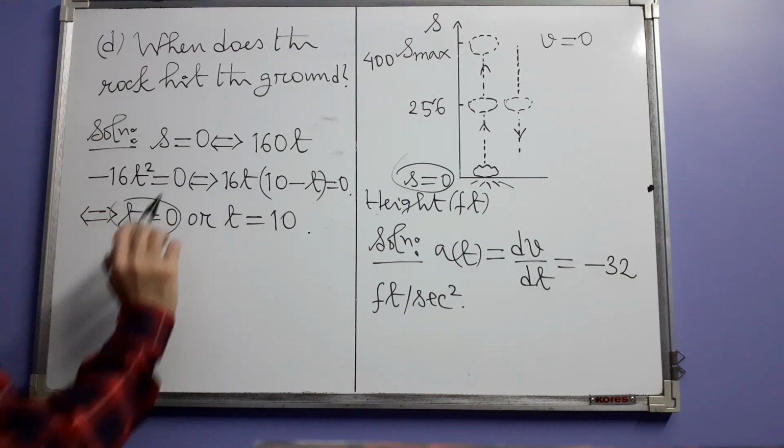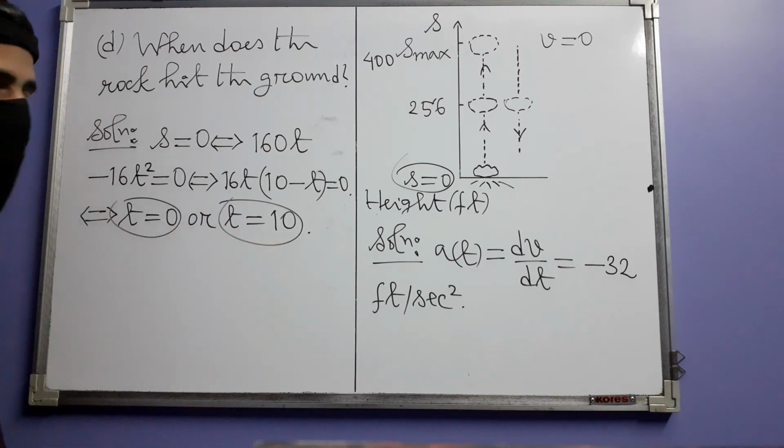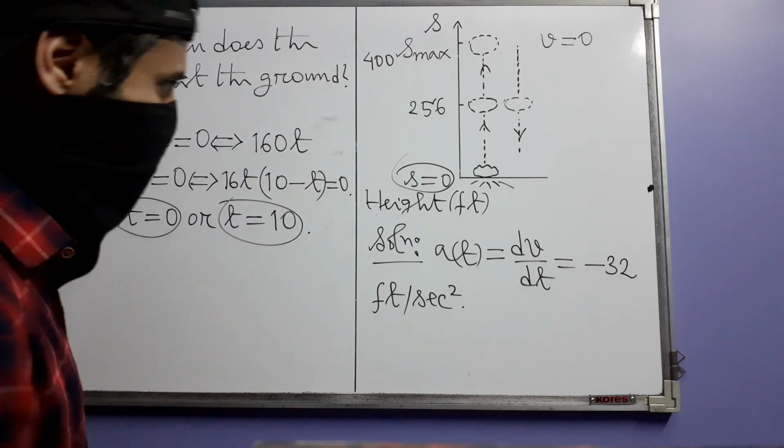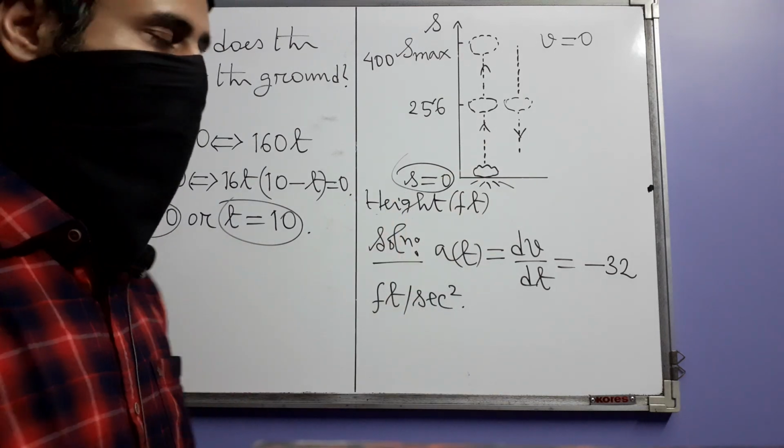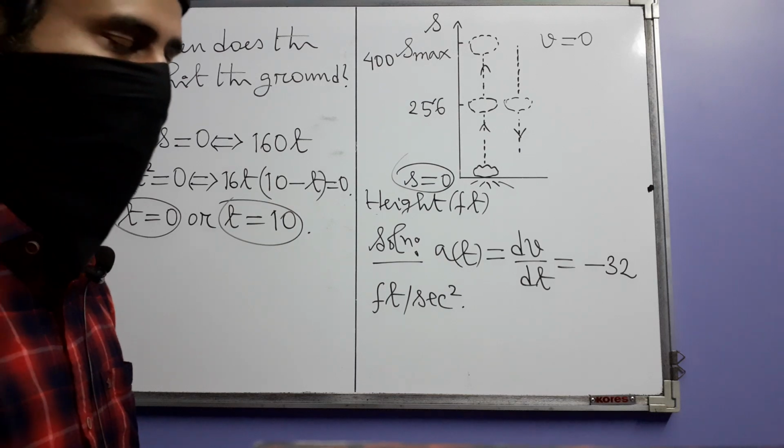Obviously, this is not what we want, but this is what we want. So, at the 10-second mark, the rock will hit the ground. It will come down and it will hit the ground when t is 10 seconds.